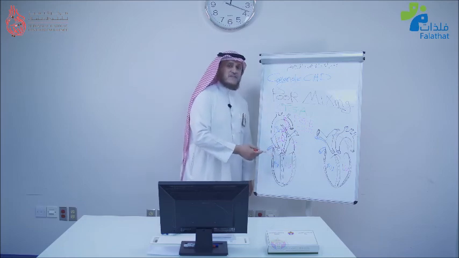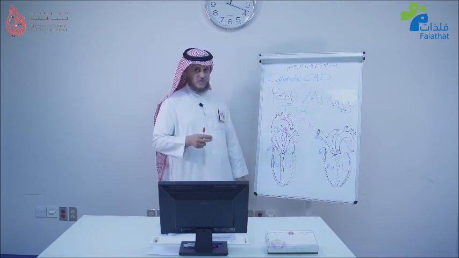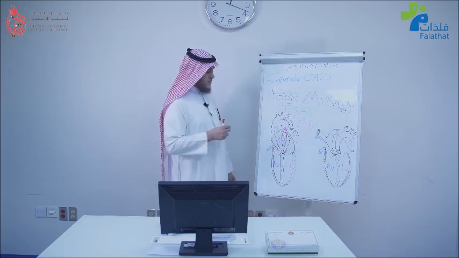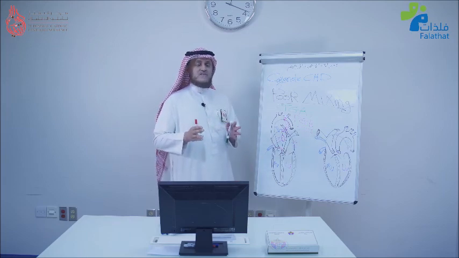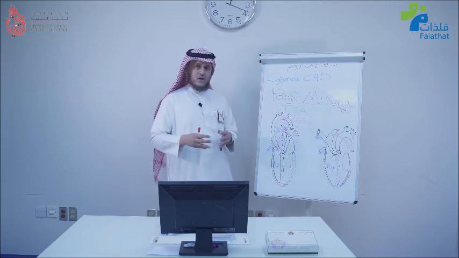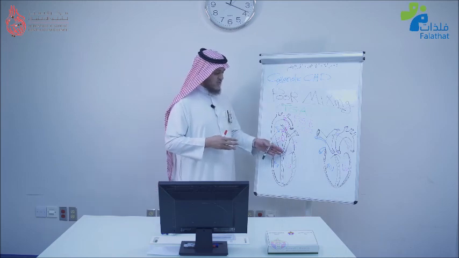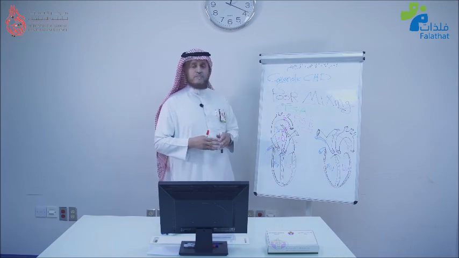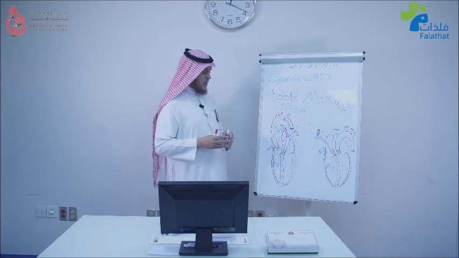Occasionally they will have a VSD, and the VSD does not play a big role in the pathophysiology of transposition, in that it really does not provide a good mixing site unless it's a huge VSD, and that's not usually the case. The usual case is a small VSD just in the perimembranous area.